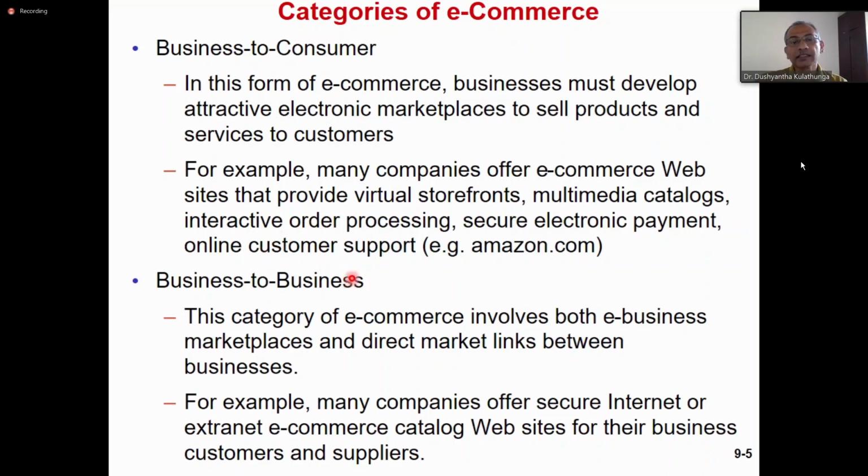But the customer can request anything that he wishes to have, and it can be done online through the website, but the responses can be somewhat late.